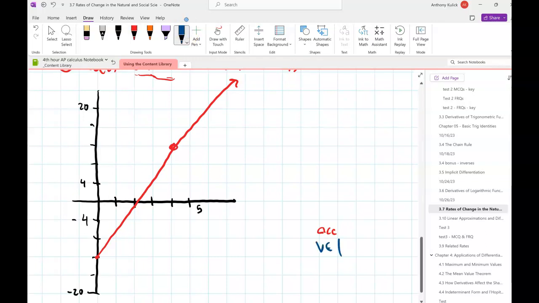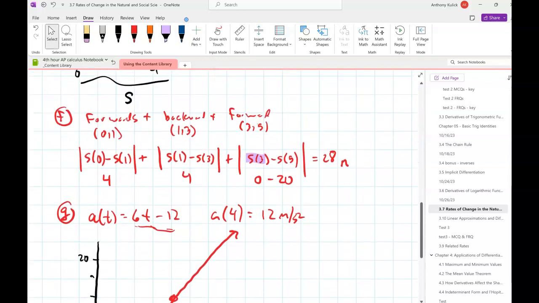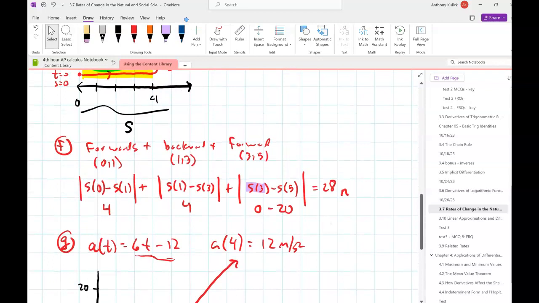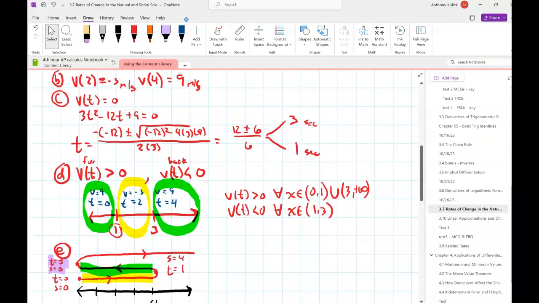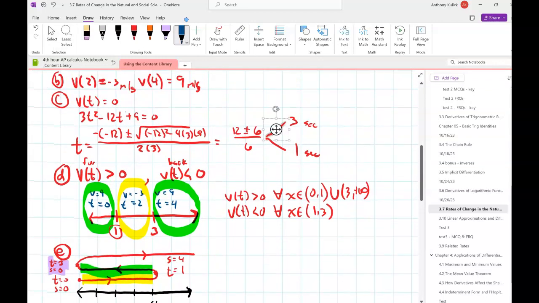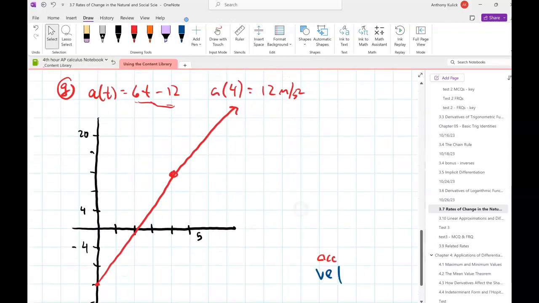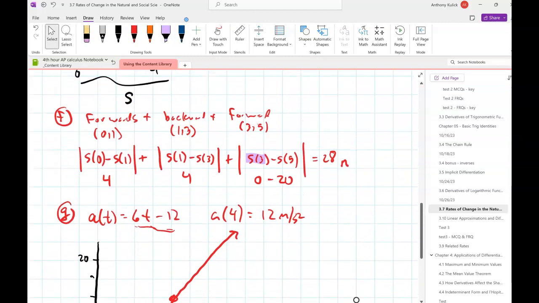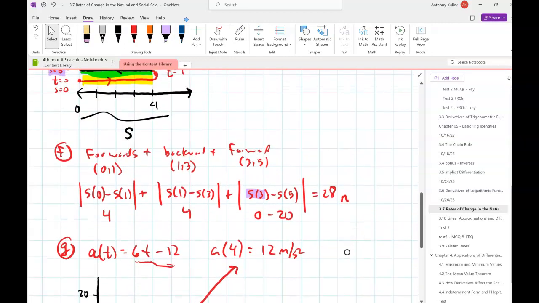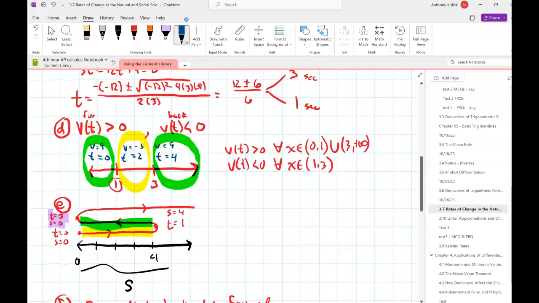We'll do the velocity in blue. I'm going to try to get away without having to do a whole lot because I'm going to use things I already know. So I know the velocity is 0 at 3 and 1. I know the velocity was 9 at 0, negative 3 at 2, and 9 at 4.